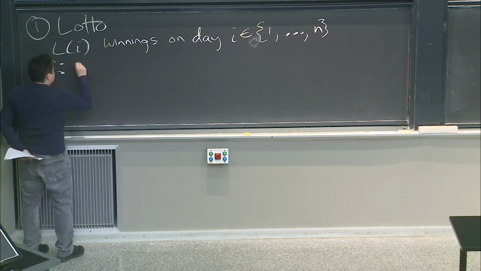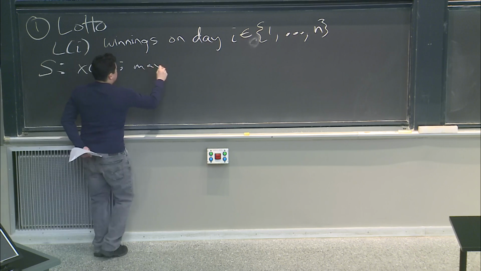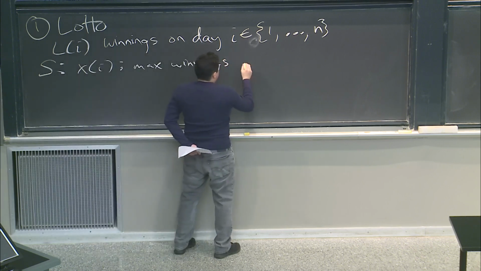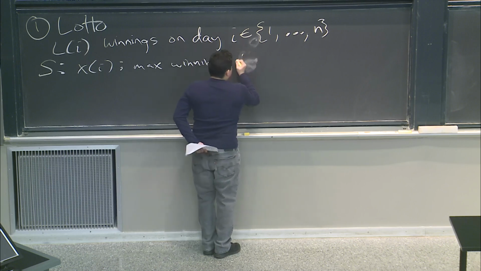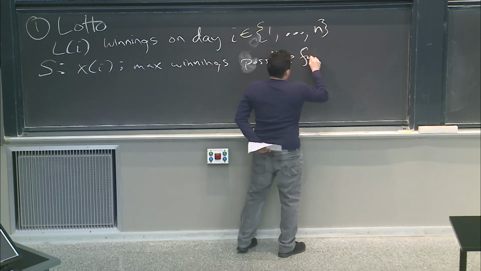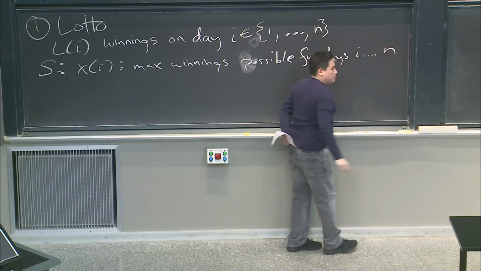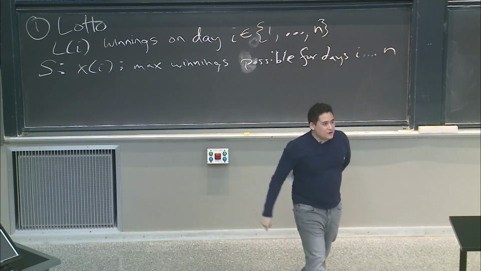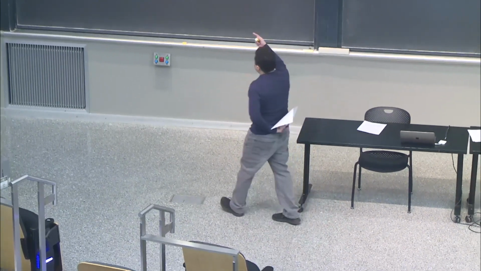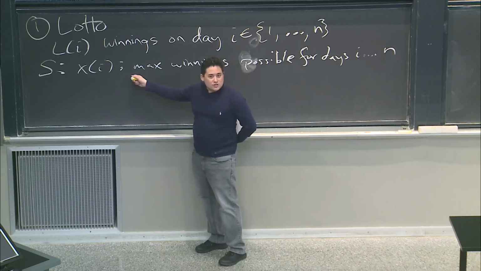So I might have something like x of I is max winnings possible for days I to n. Anyone have a problem with this type of subproblem? Let's see what this type of subproblem would lead me to.